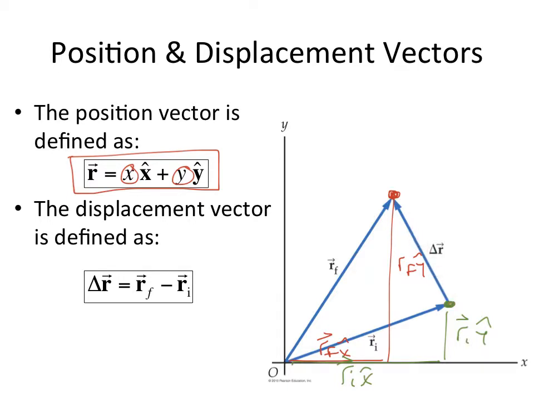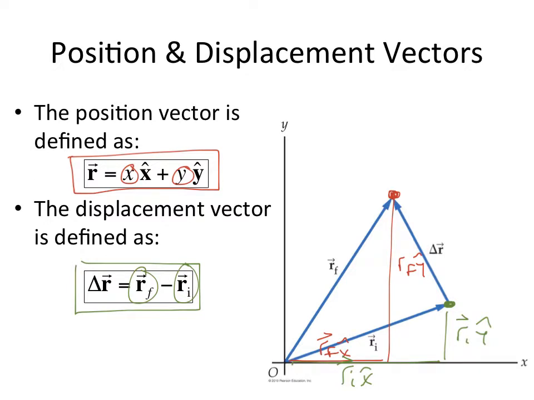And it should make sense, like we know from previous chapters, that our displacement vector, delta R, should be described as the final position vector minus the initial position vector. If you look at that, we have this initial position, plus a change in position.